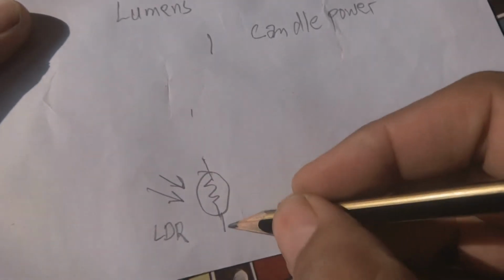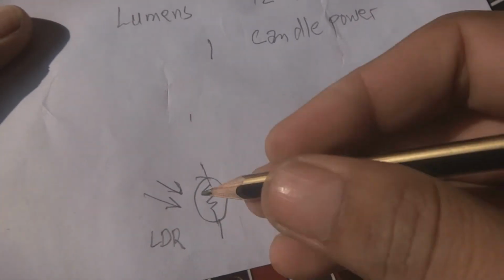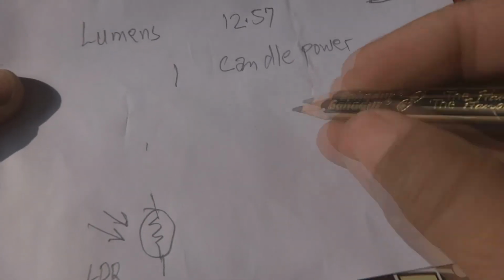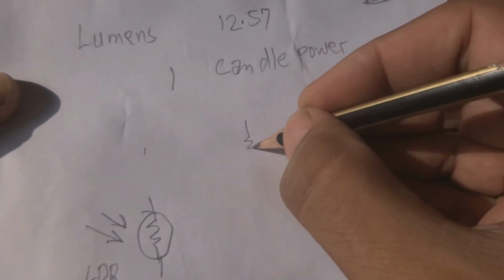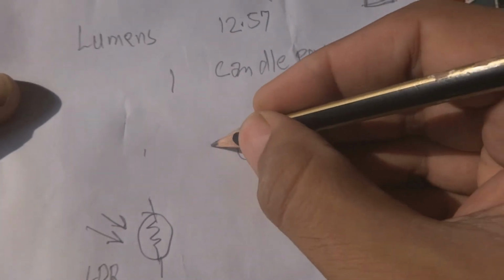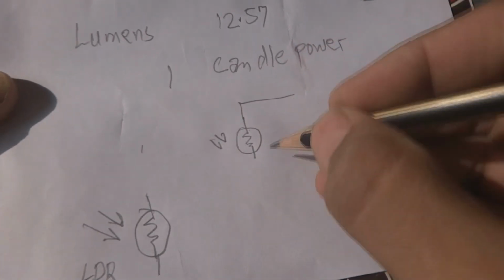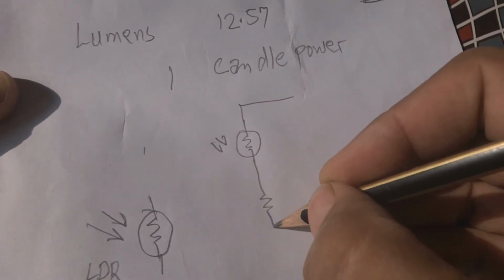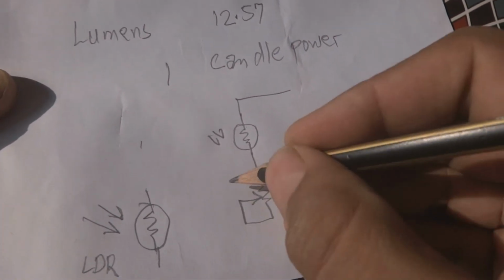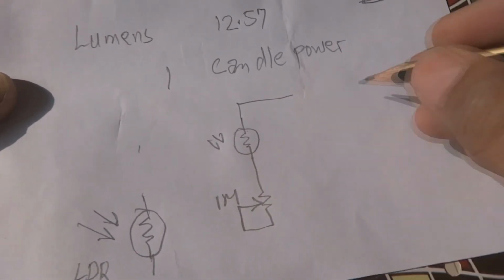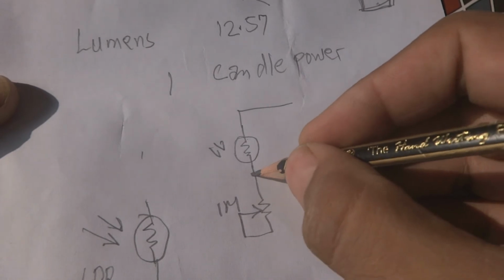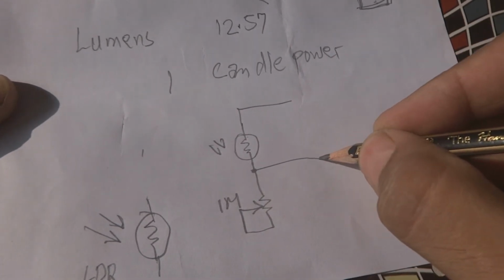Now if we are connecting an LDR in a circuit, we are going to make a circuit so that it will act in the dark. I mean the light should be activated in the dark, and it will not be activated in the day, something like that. But I'm going to do the reverse.